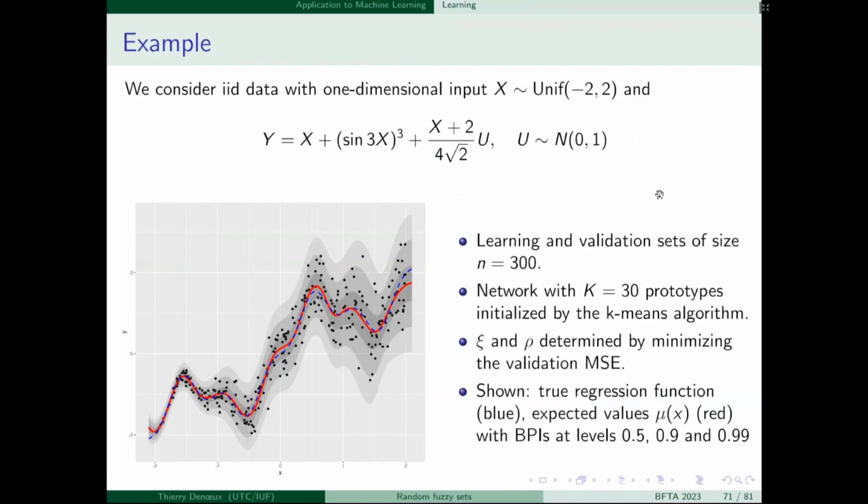You can verify that the calibration property means that, for example, the 0.5 band should contain at least 50% of the data, and it is the case. The largest band, the 99%, actually contains all of the data, so more than 99%.